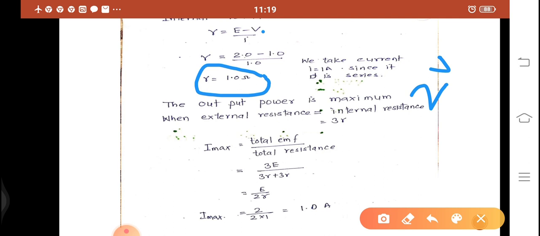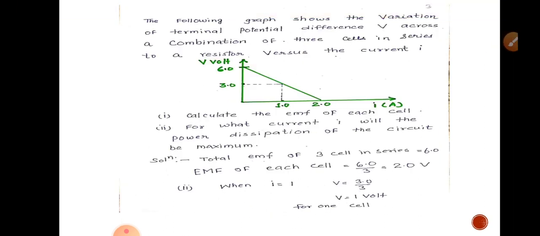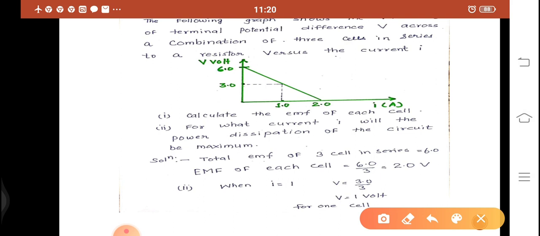Now what is the EMF of each cell? It is 2 and internal resistance is 1. So maximum current will be 1 ampere. And at maximum current, the power dissipation will be maximum. In this question, this point is very important. When current is 0, EMF is 6.